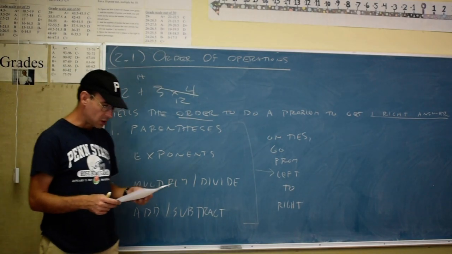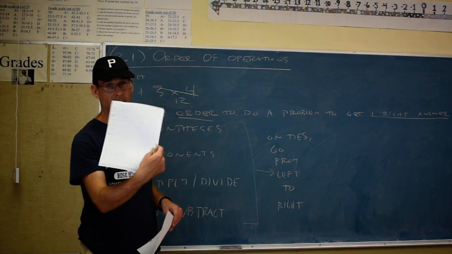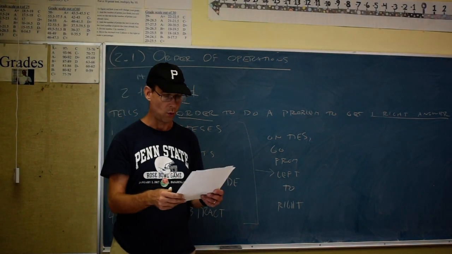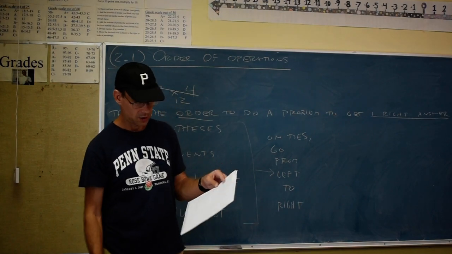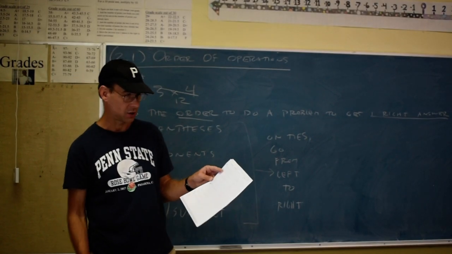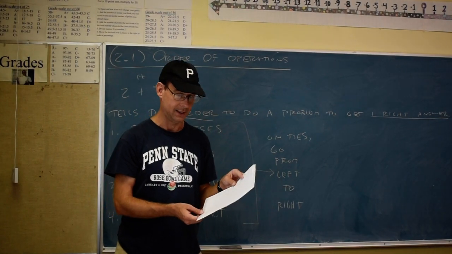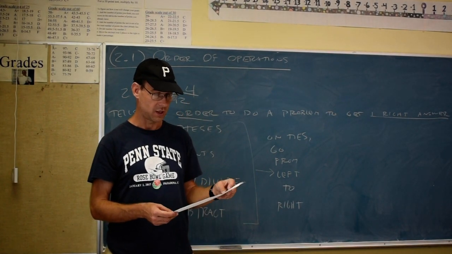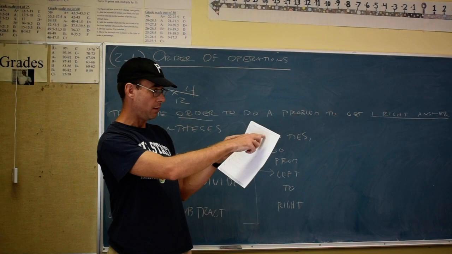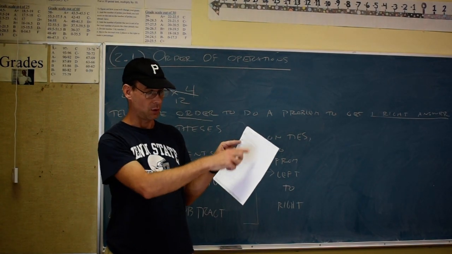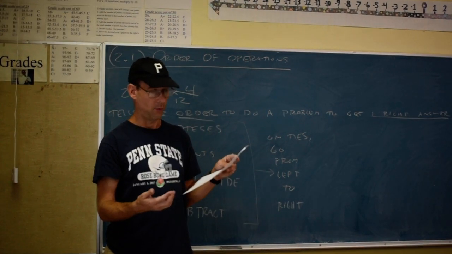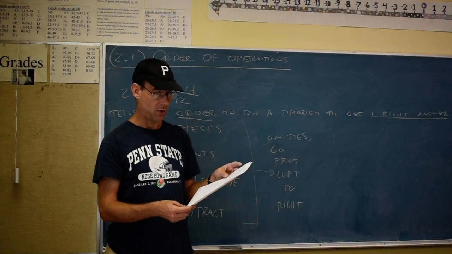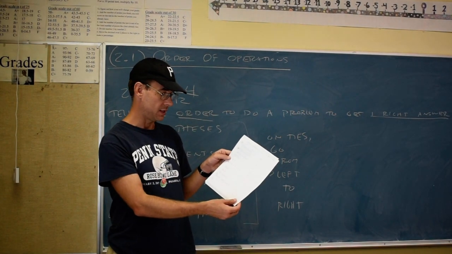So you have in your hands already a paper that says Algebra 1 Notes 2.1. What I would ask you to do at home is the same thing that I would ask you to do if you were in class, is to take a sec, pause this video, try these problems, see what answers you get, and then once we're back and we unpause the video, I'll go through what the answers are.